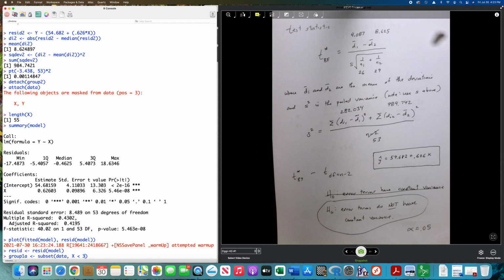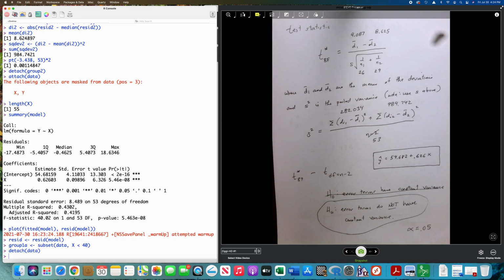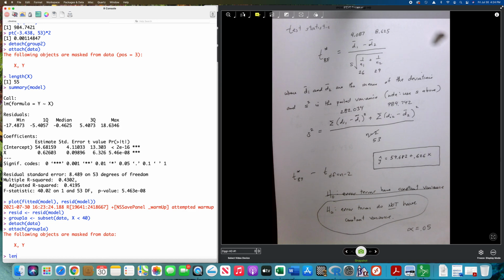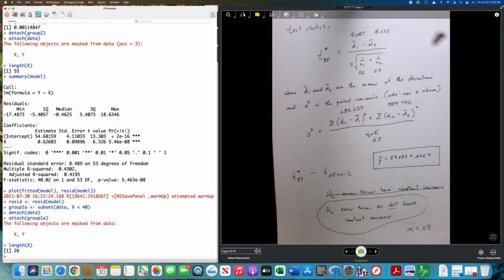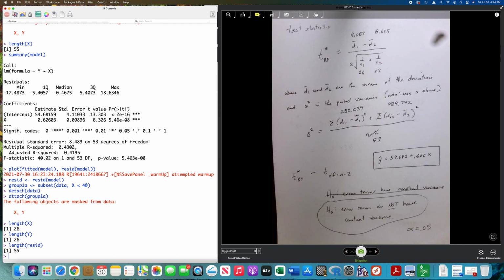I forget. No, I think it was 40. Whatever. And I detach data, attach group 1A. Now, if I do length of my X, you'll see that I get 26, and the length of my Y matches. But if I do the length of the residuals, notice I get 55.